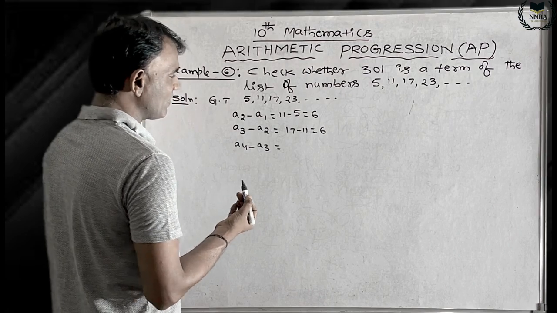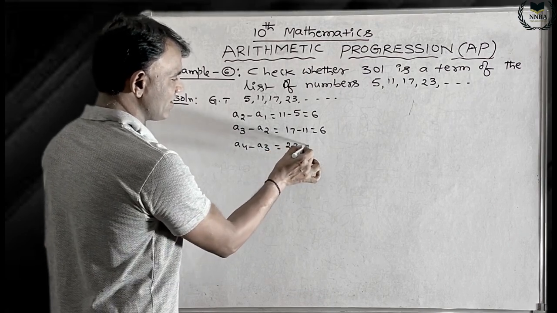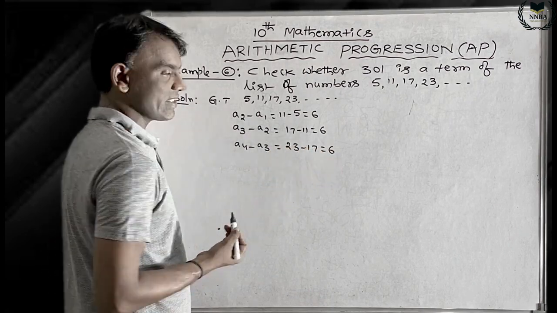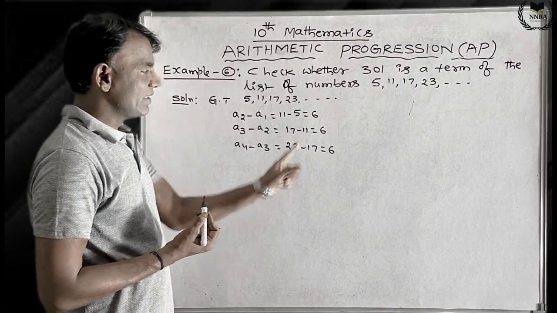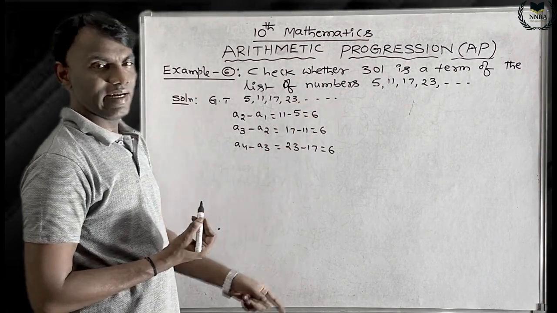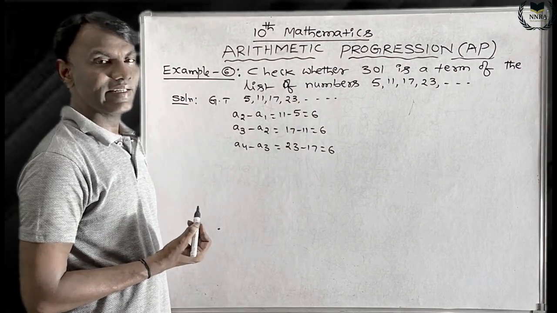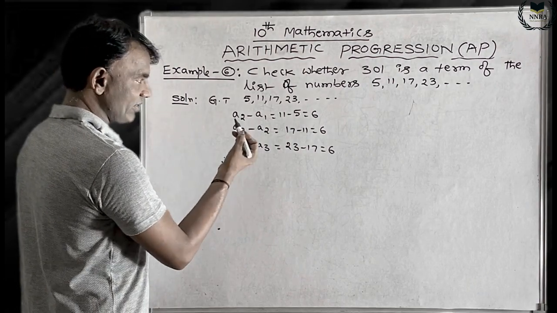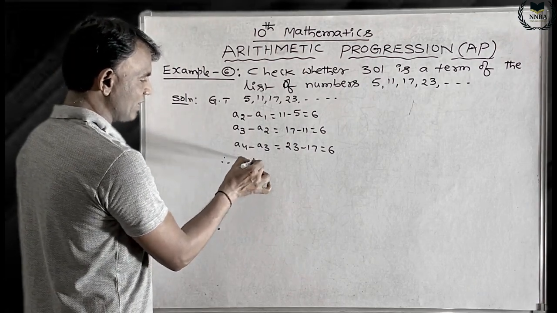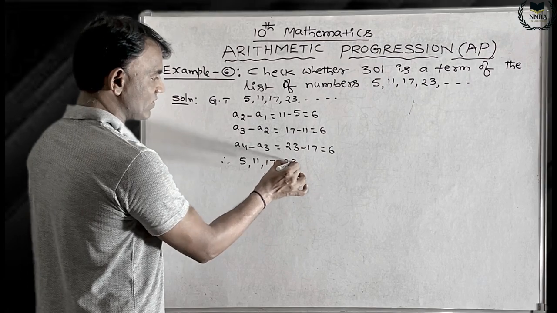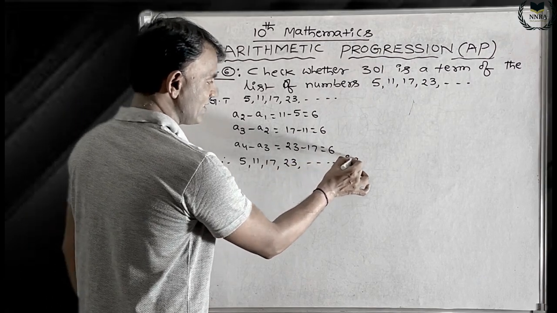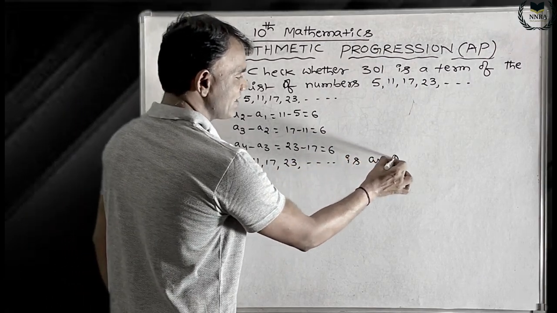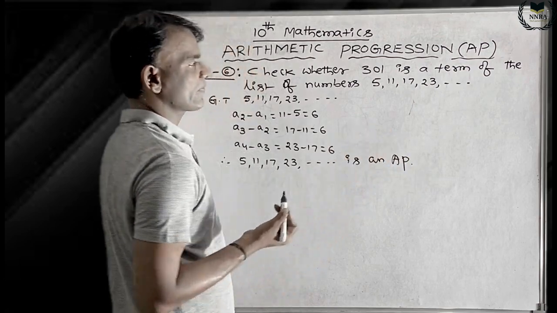So a4 minus a3 means 23 minus 17, it is also equal to 6. Correct? Now in all the cases, the common difference d is the same. Therefore 5, 11, 17, 23 and so on is an AP.